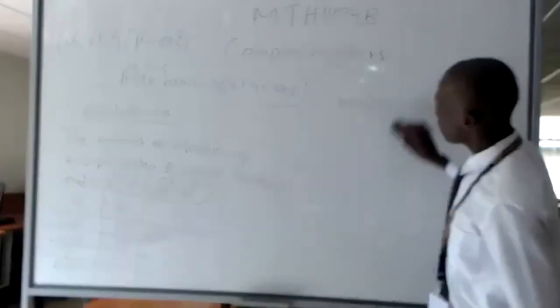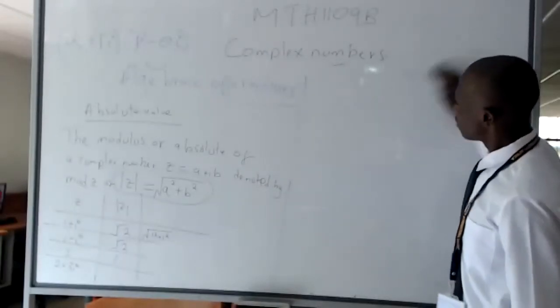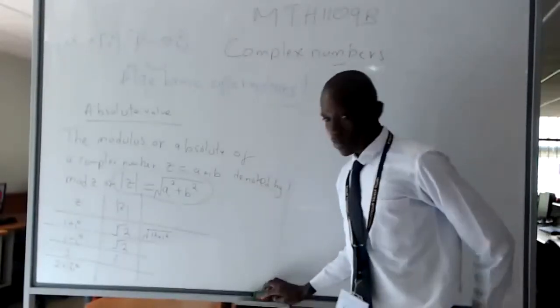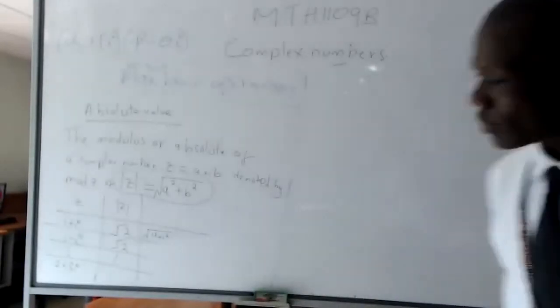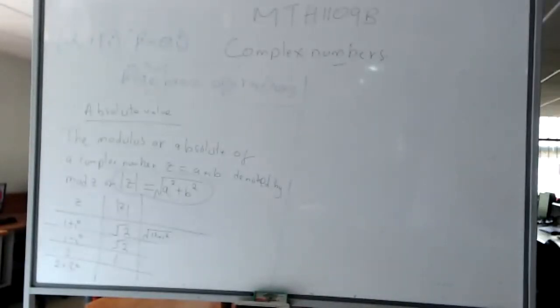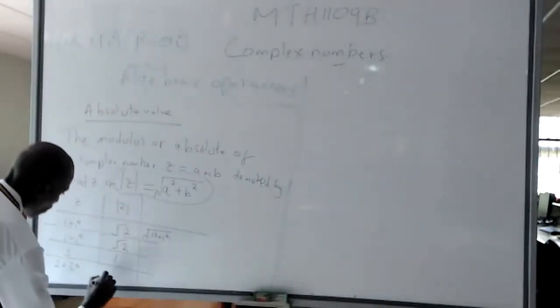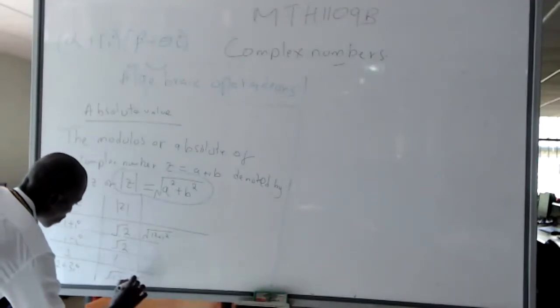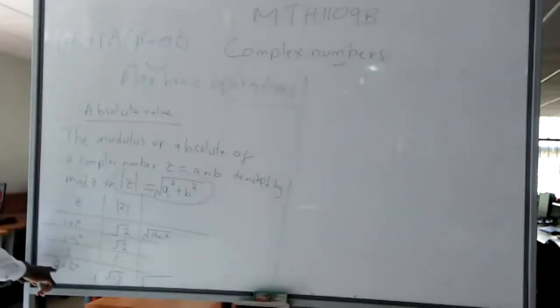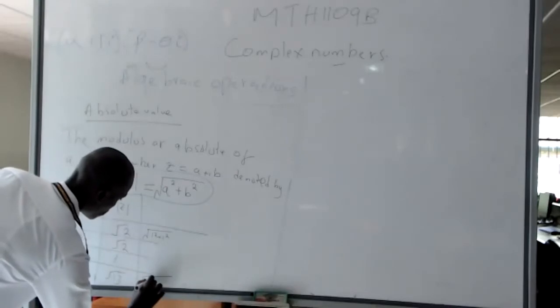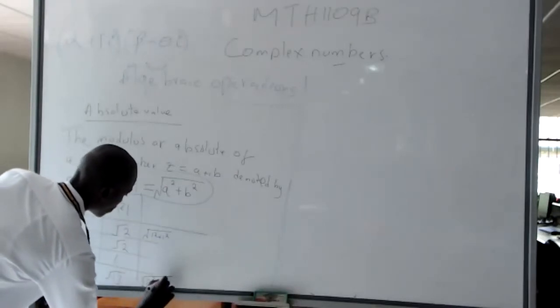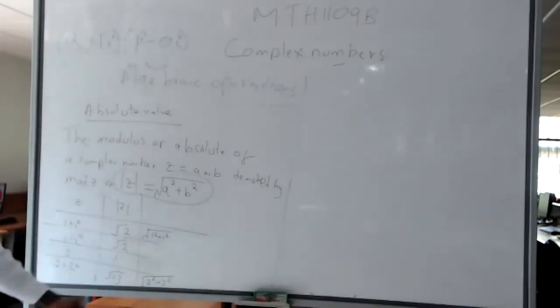Square root of 13. Yes, square root of 13. So you get this by taking square root of 2 squared plus 3 squared, so 3 squared is 9, 2 squared is 4, 9 plus 4 is 13. So the answer here is square root of 13.